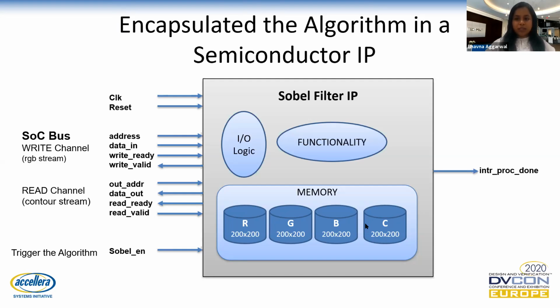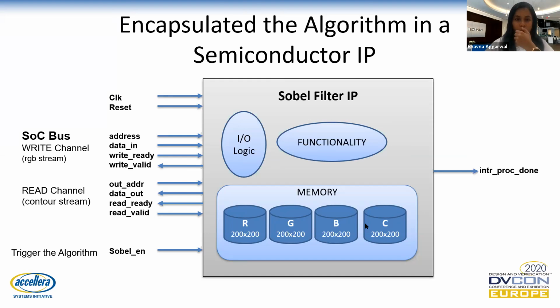There is a control signal to trigger SOBEL functionality once the complete input RGB stream is written to the IP's memory. As the image processing operation completes, an interrupt signal conveys the information that the resultant 2D convoluted data is available for read.